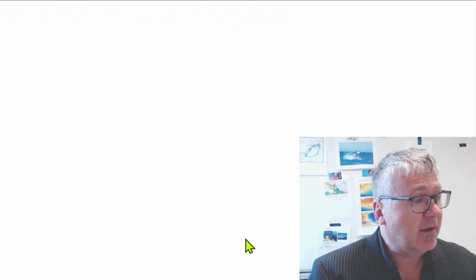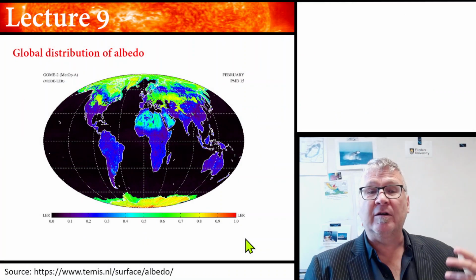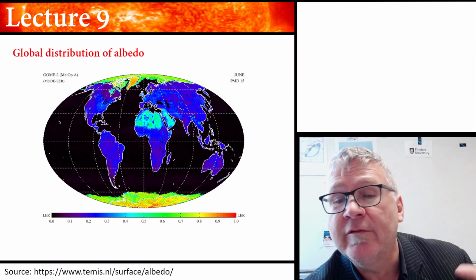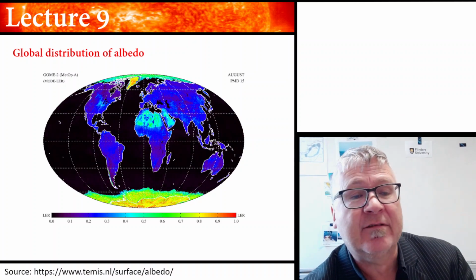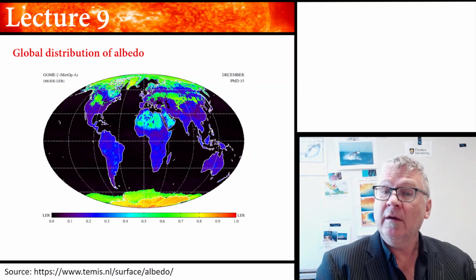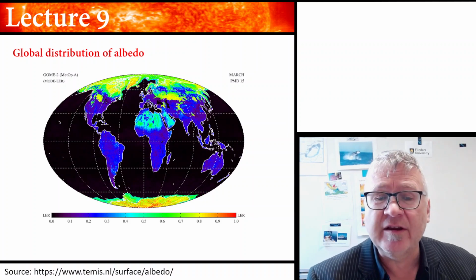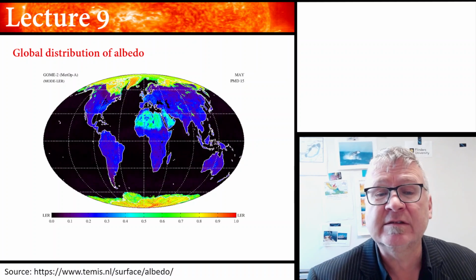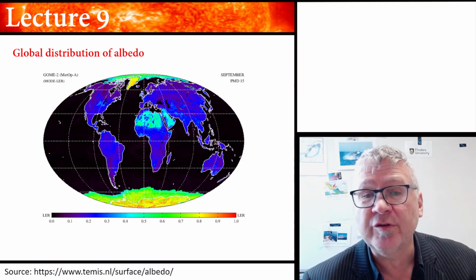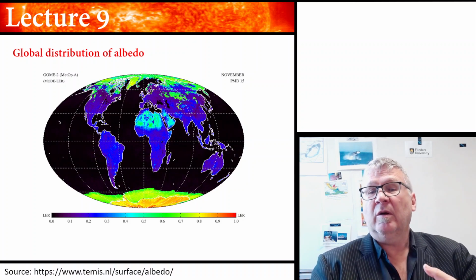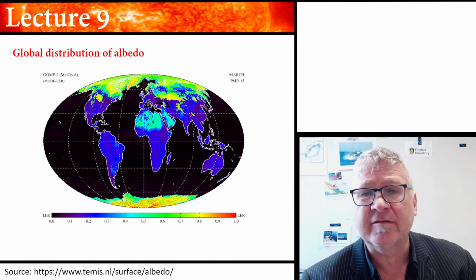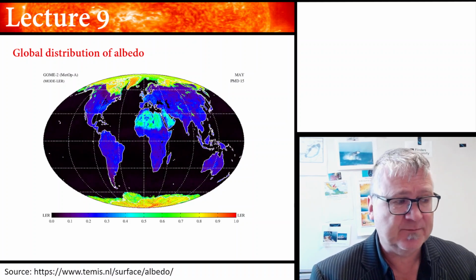Let's look at the global distribution of albedo. This one is a movie. It goes from one month to the next and shows you the distribution of albedo. You can see seasonal variation of albedo, and that's associated with ice distributions and with humidity distributions, or whether you have wet surfaces or dry surfaces.